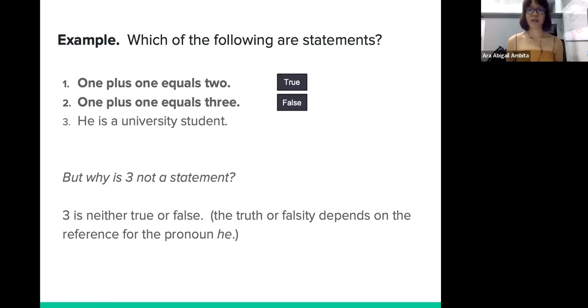We cannot verify whether it is true or false unless we give a certain value to he. When I say that one of you is a university student, you are in this class because you are enrolled in a university, and that is a fact, and that is true, okay? Because it has a truth value, it is considered a statement or a proposition.